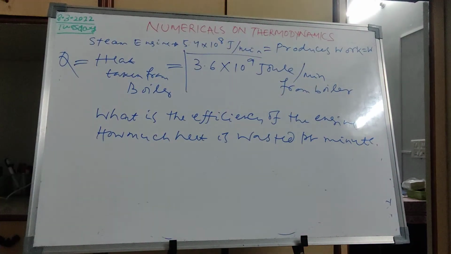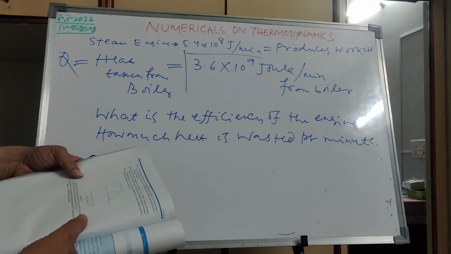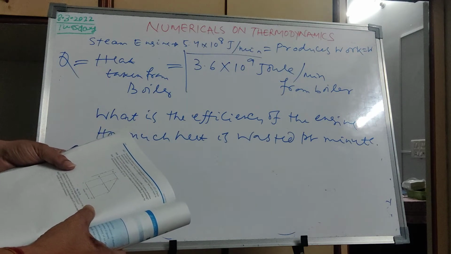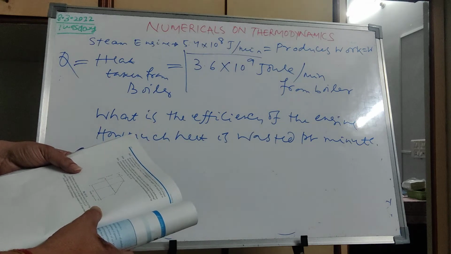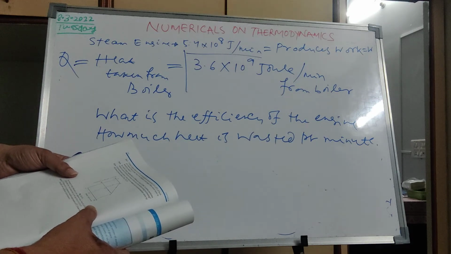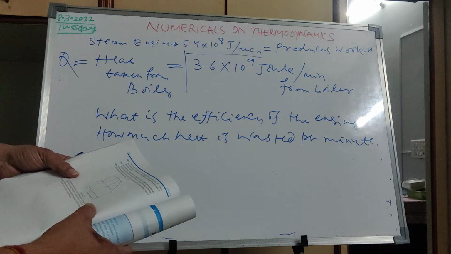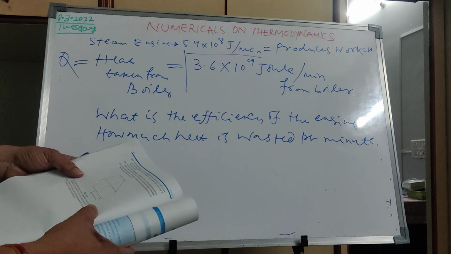That's the question. A steam engine delivers 5.4 into 10 to the power 8 joule of work per minute and services 3.6 into 10 to the power 9 joule of heat per minute from boiler.